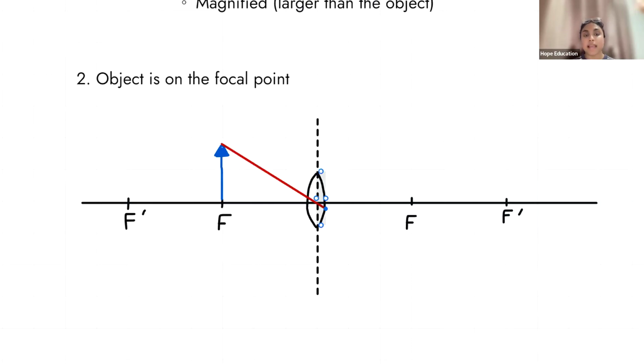It will refract as it is. That's my first ray. Next one, I'm sending a parallel light ray. A light ray that is parallel to the principal axis, and we know when this is refracted, it will refract through the focal point. As such.